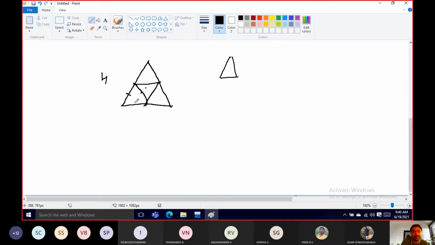Take these sides, join them. Not only for this side, also join them for this side. Similarly, join over here too. So this is the second division, right? I'll tell you again, the first division is, oh, sorry.